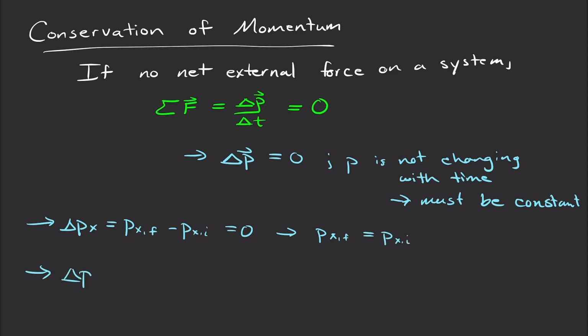We get the same thing for the y direction: py final minus py initial must be 0, or the final y component of momentum must equal the initial y component of momentum. So the momentum is conserved in both directions.